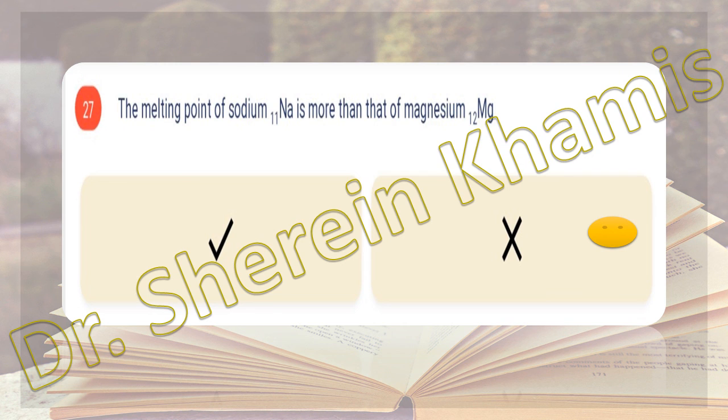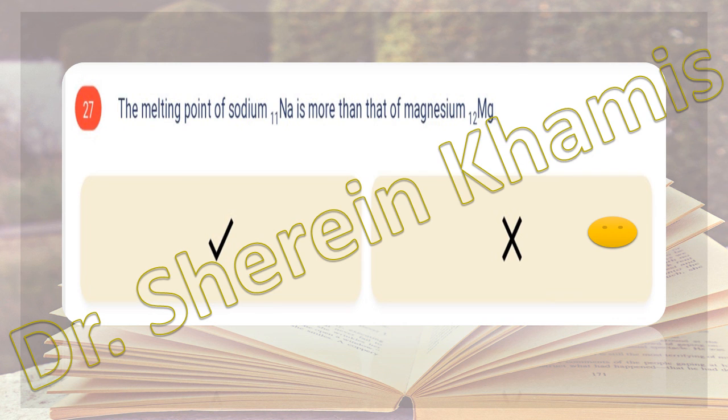So the melting point depends on the number of valence electrons, and so does the ability to conduct electricity. The least one will be sodium, above it magnesium, and the highest one, with high melting point, high conducting of electricity and high hardness compared to each one, will be aluminium.